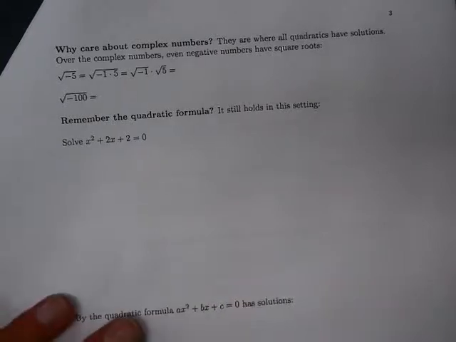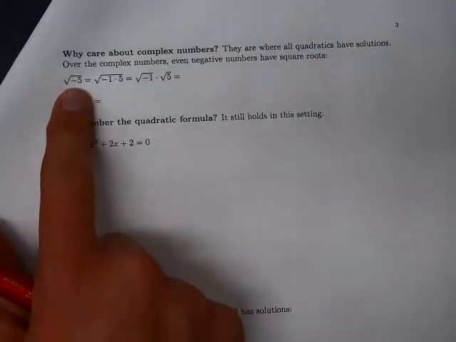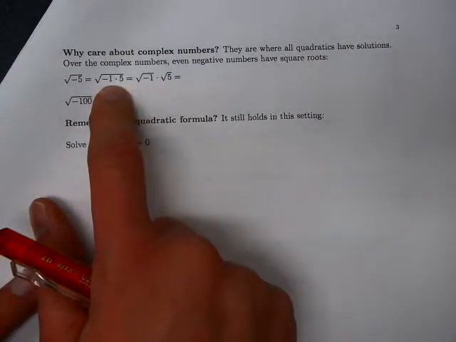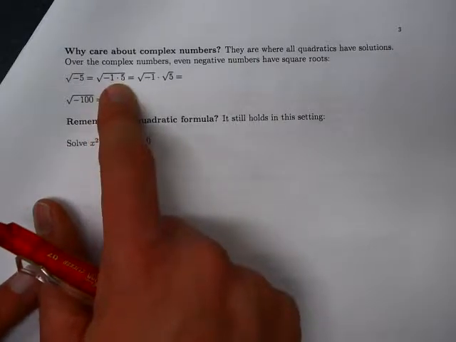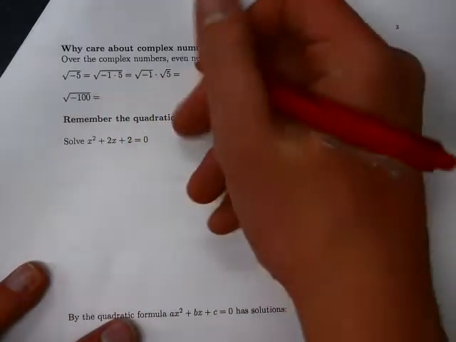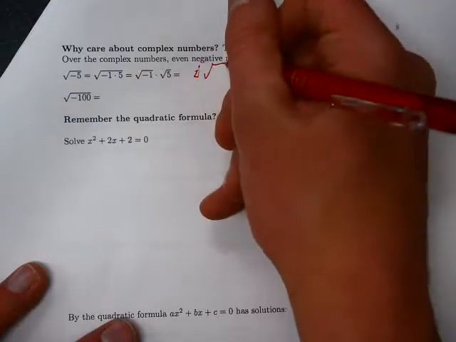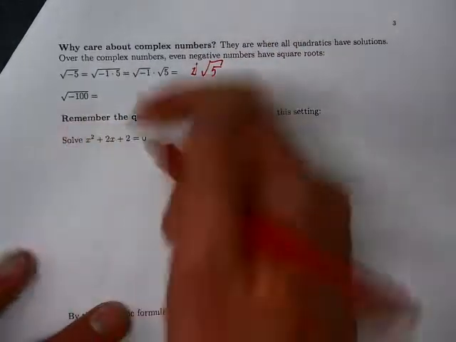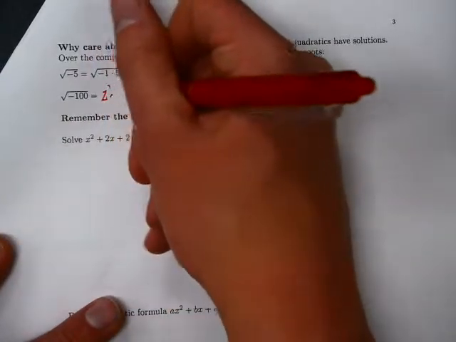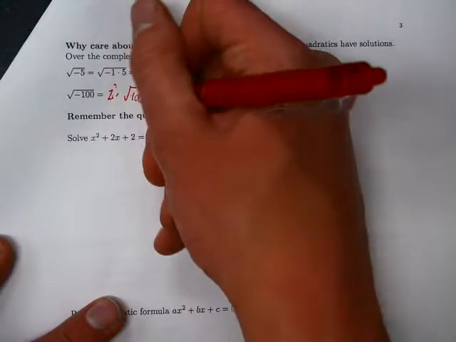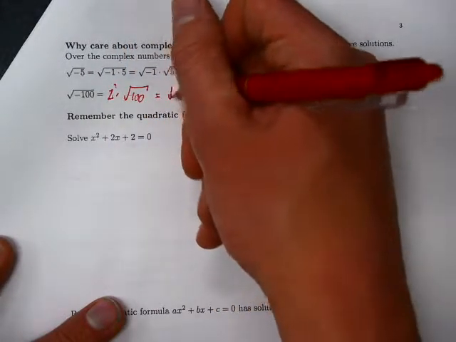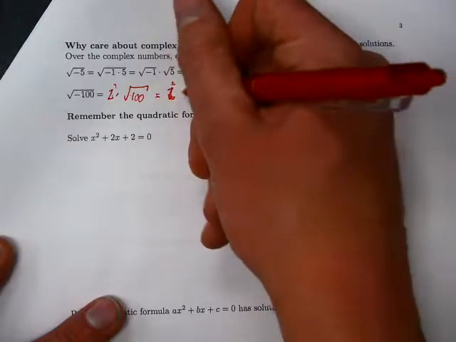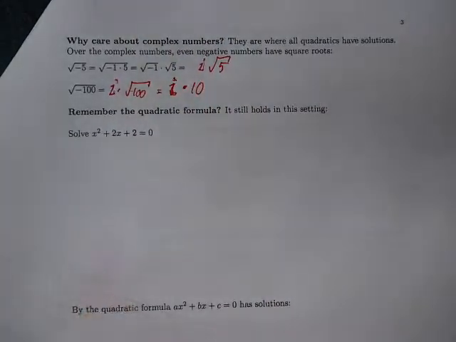So the point is that you can take square roots, even of negative things. The square root of negative 5 is the square root of negative 1 times 5, which is just i root 5. Similarly, the square root of negative 100 is i times the square root of 100. There's i times 10, or 10i, whichever way you want to write that.